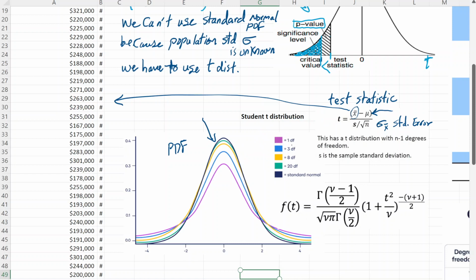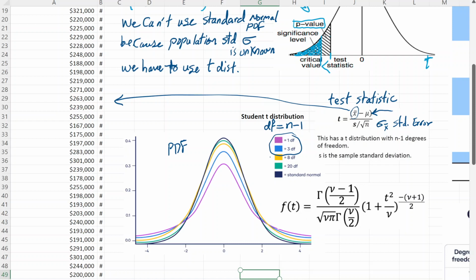For the T distribution there is one additional parameter, DF, or degrees of freedom, which is basically the sample size minus 1. Just as an illustration, when the sample size is pretty small, like in this range, you can see that the T distribution, in purple and blue, deviates a lot from the standard normal in black.